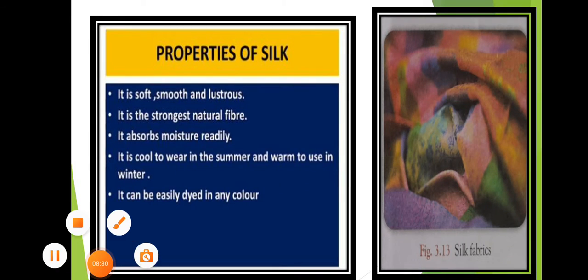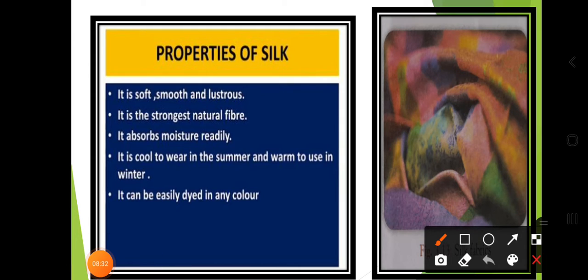So let's discuss the properties of silk. Dear students, silk is a very soft material, very smooth, and lustrous. Lustrous means shining in nature, and when you touch silk clothes, they are very smooth.